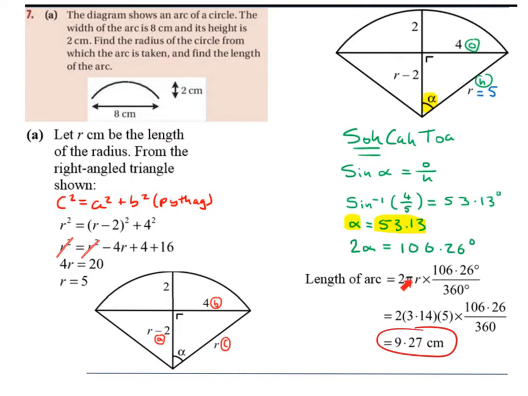Now we didn't have to let pi be 3.14, we could have left it as pi and just pressed S-D at the end to get a decimal close to this. So 9.27 centimeters. And that is the length of our arc.